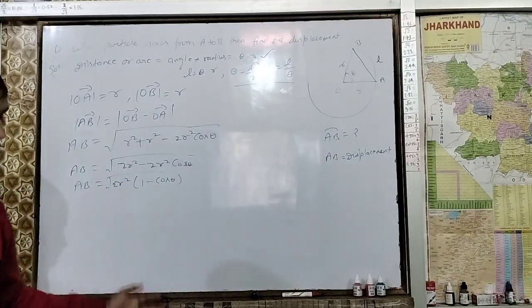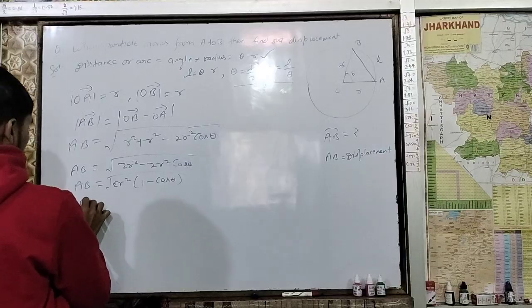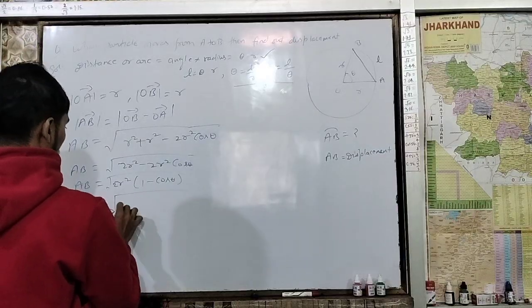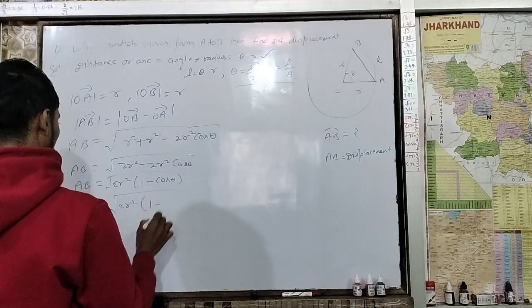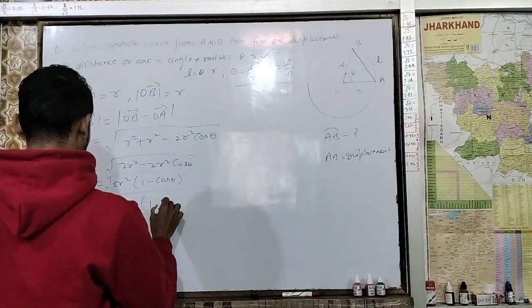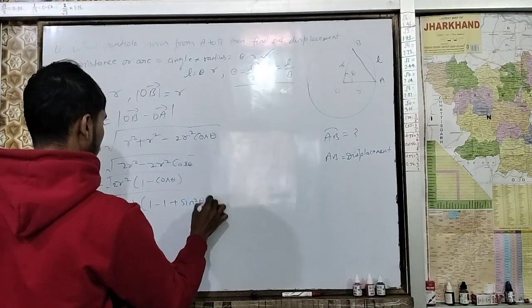Now 1 minus cos theta can be written as 2 sin square theta upon 2. So 2R square, and 1 will be as it is, cos theta can be written as minus 1 plus 2 sin square theta upon 2.